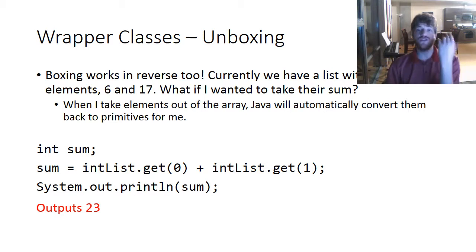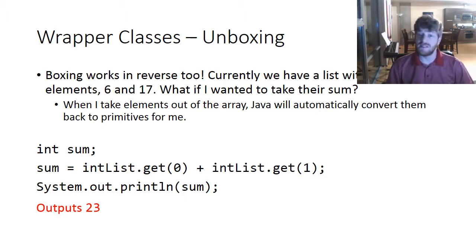And how this is working is when I call intList.get(0), it's taking the Integer object out of position 0 in the array list, and it's converting it back into a primitive int for me.